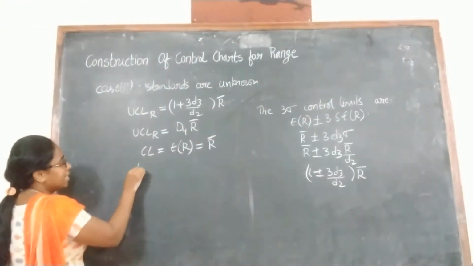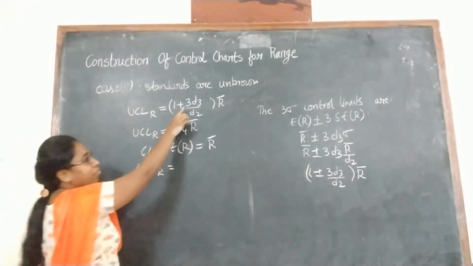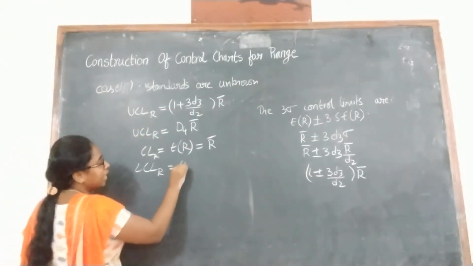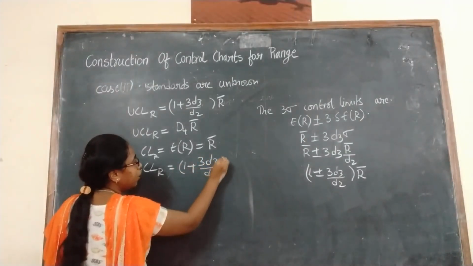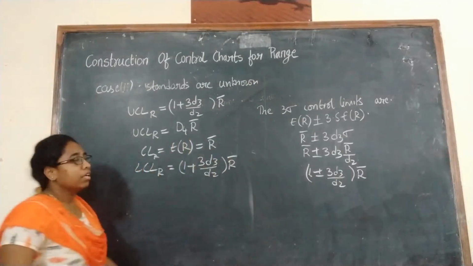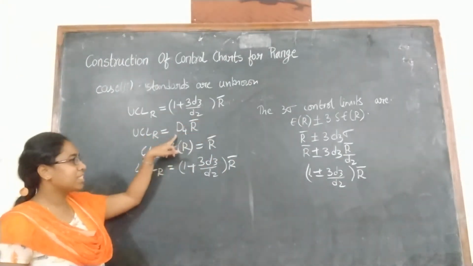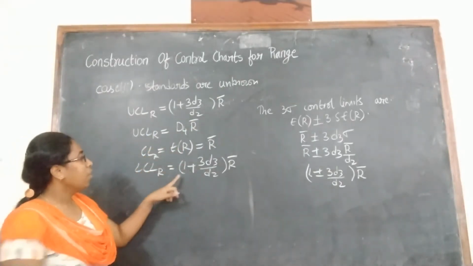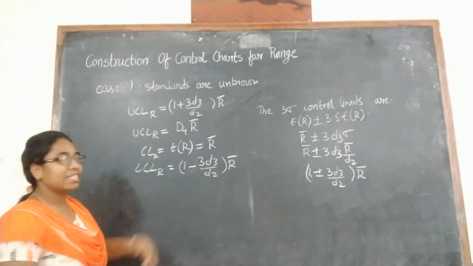Next, LCL. The LCL of the R chart, in place of plus you will consider minus, that is 1 minus 3 into D3 by D2 into R bar. If you have plus, you have considered this value as D4. Now I am considering 1 minus 3D3 by D2 as D3.